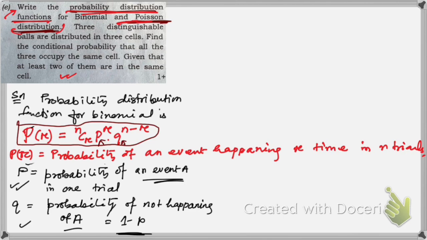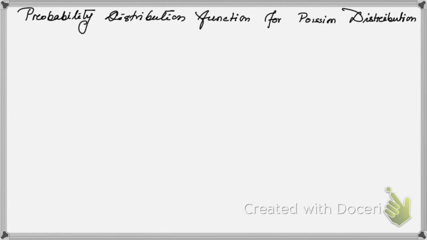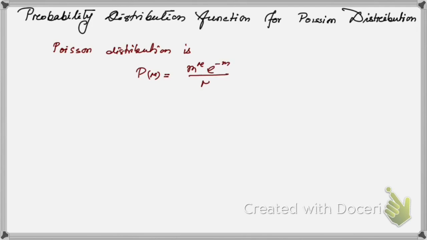Then the Poisson distribution is given by P of r is equal to m to the power r, e to the power minus m, divided by r factorial, and here m is the mean of the distribution.